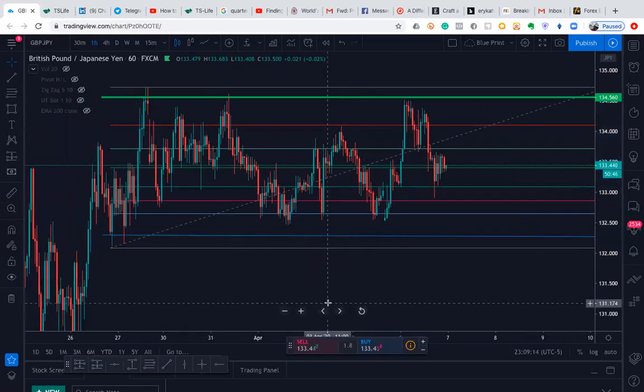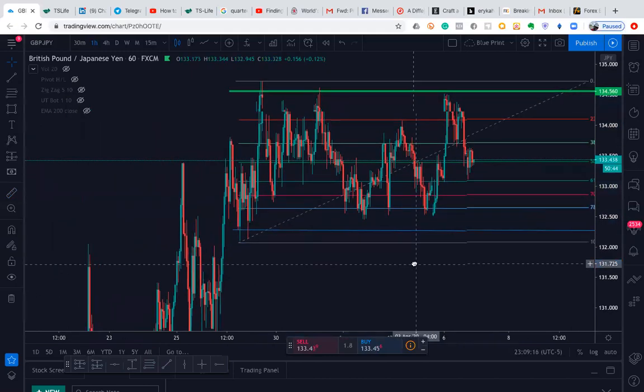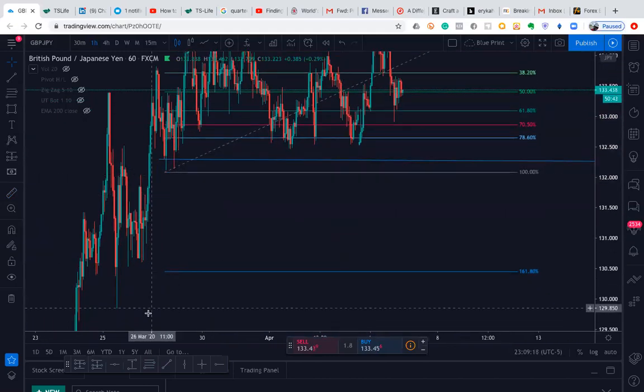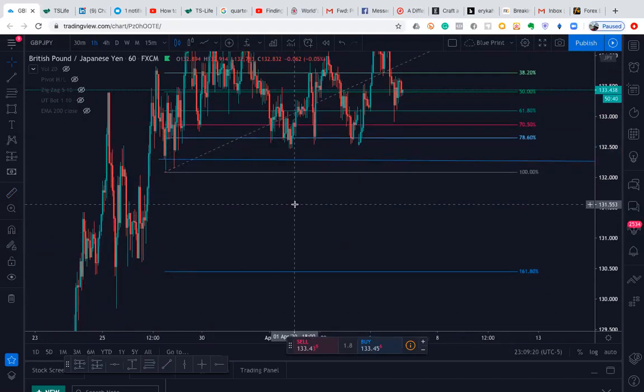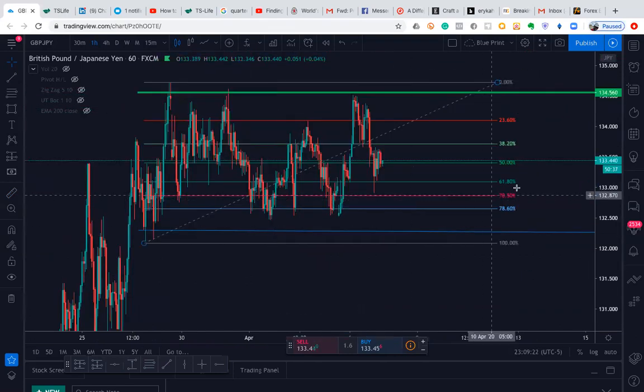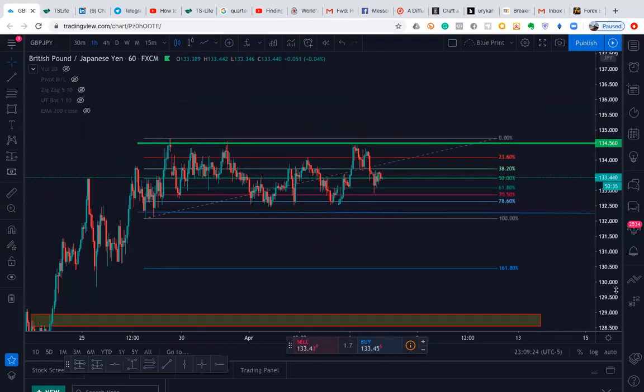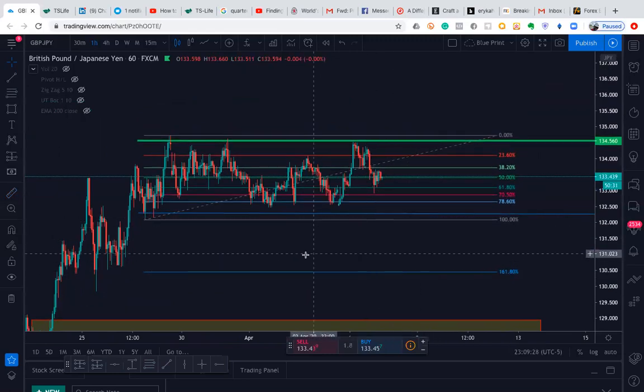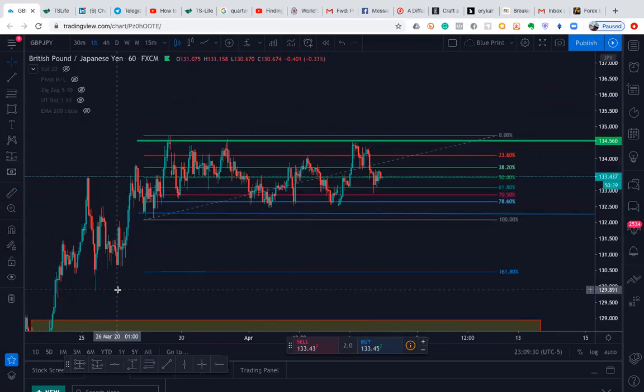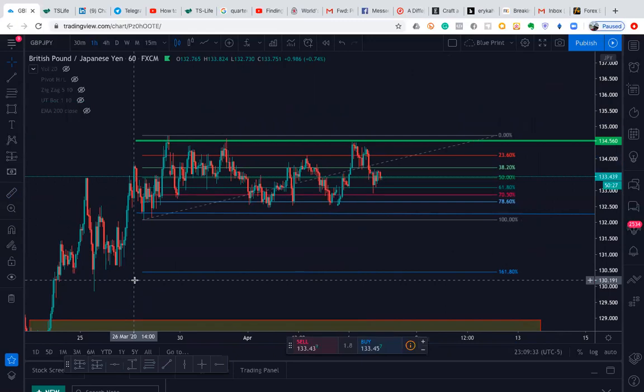Okay. Now, I can take the fib and I can go down lower. It's still going to be the same thing. Okay. So right now, price just bounced, hit off the 70%.